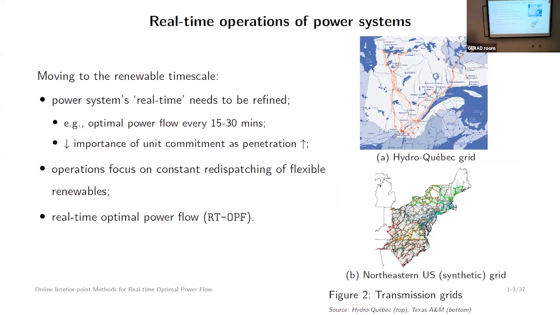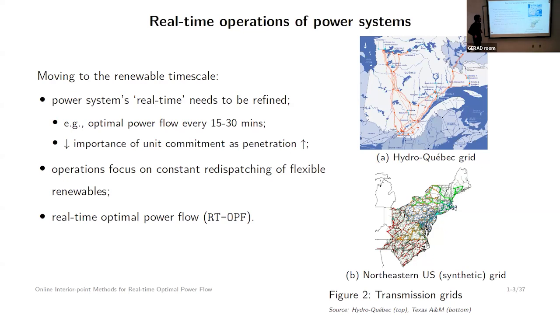So moving to the renewable time scale, that means that power systems will need to redefine what they consider real time. For now, in power system, we call real time 15 to 30 minutes, which sounds like an eternity to me, but yet that's the standard. So we'll want to move toward, I don't know, second, even sub-second time scale, so that we can really match the power and the demand in real time.